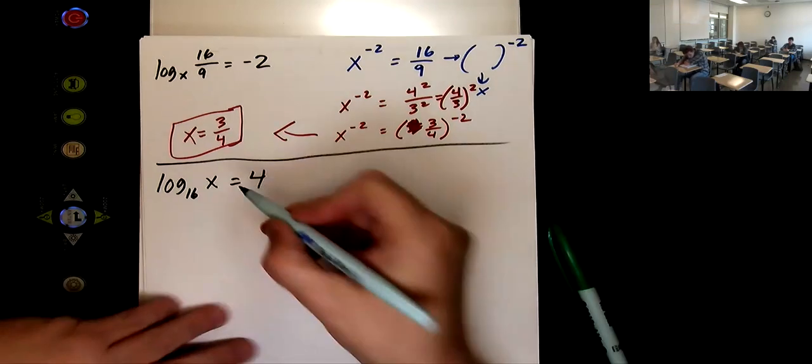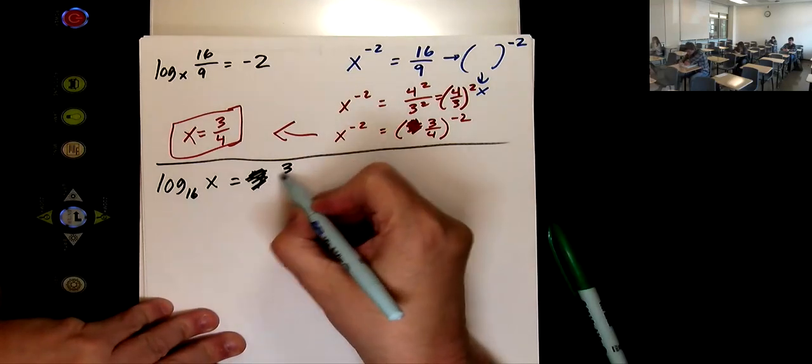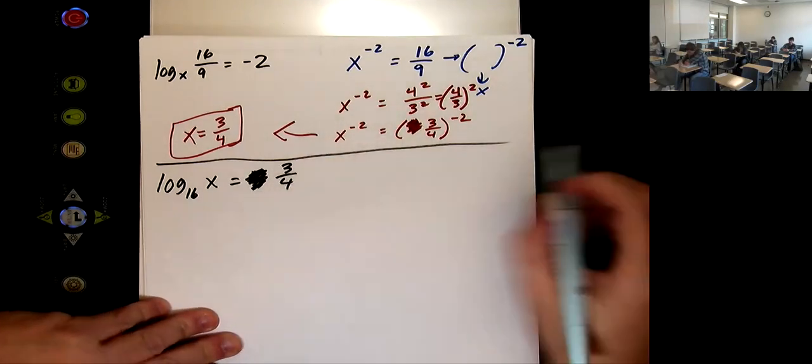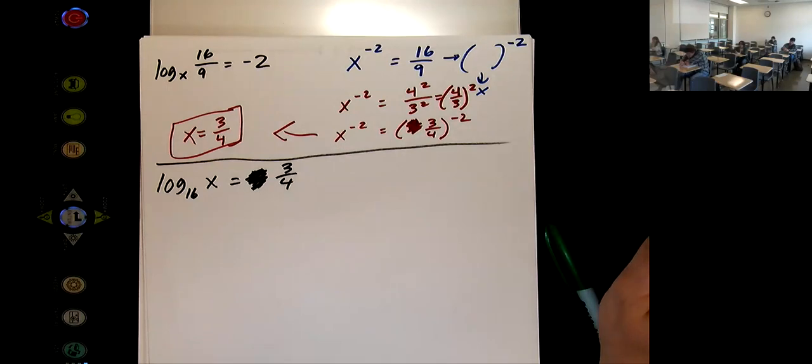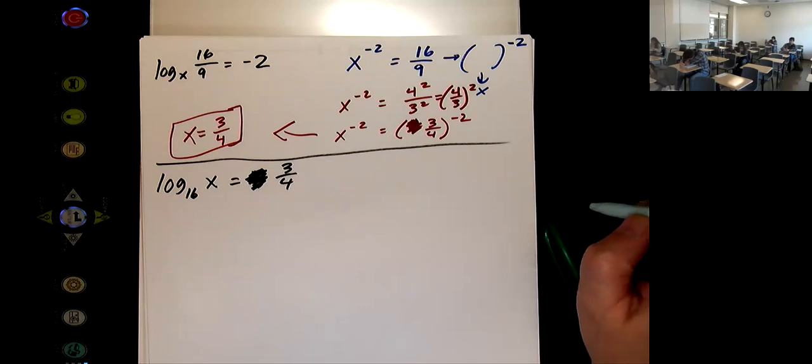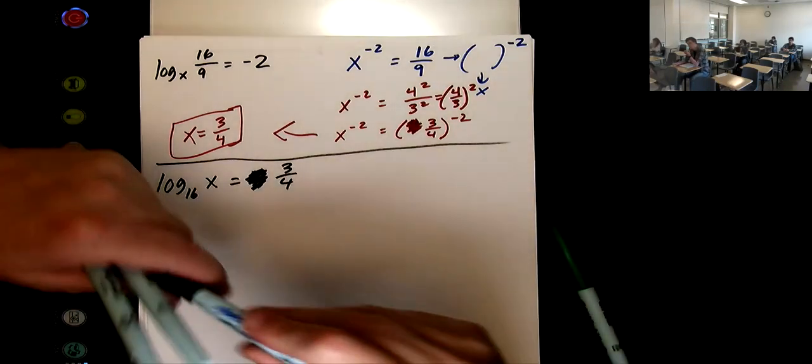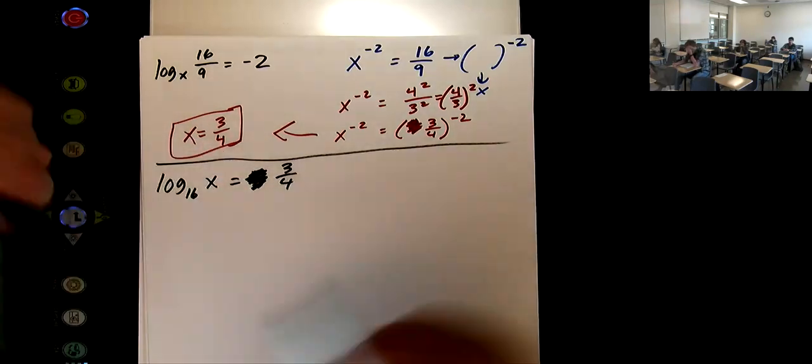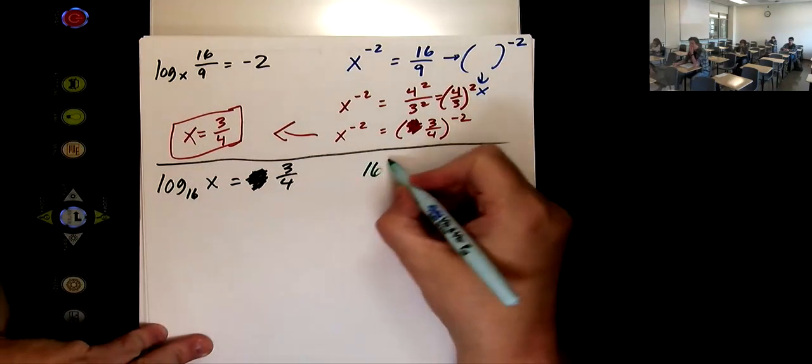Log base 16 of 3/4 equals x. Now, when I rewrite this, the 16 goes together.